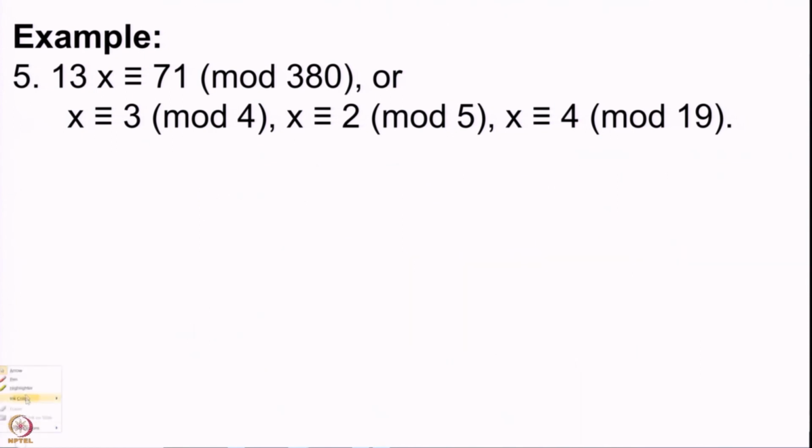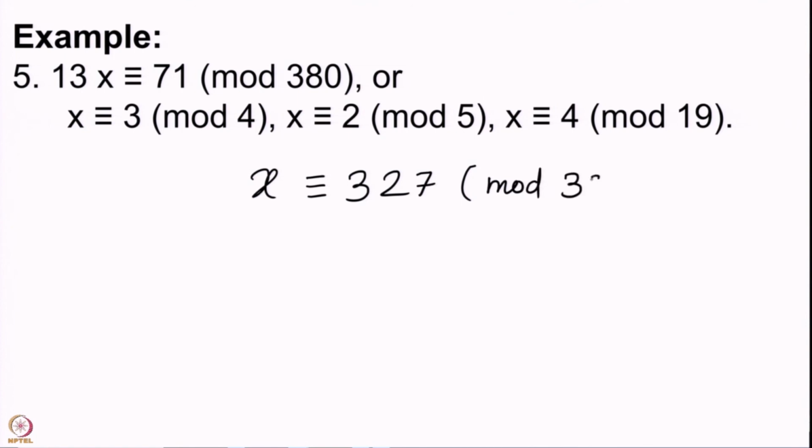Let us write the answer here and verify. When we go modulo 4, we do verification with a different ink. When we go modulo 4, 327 is indeed 324 plus 3, therefore, this is ok. When you go mod 5, you will remove 325 and what is left is 2, this is ok.